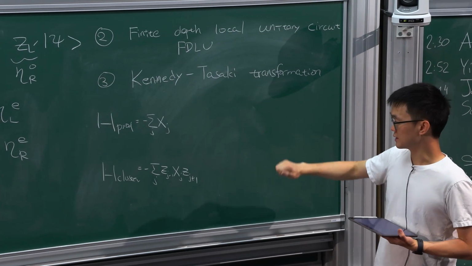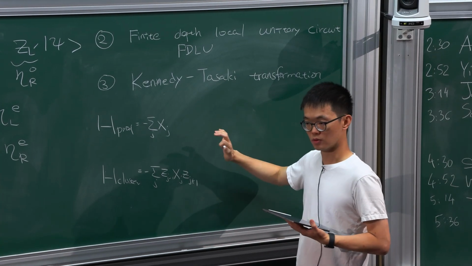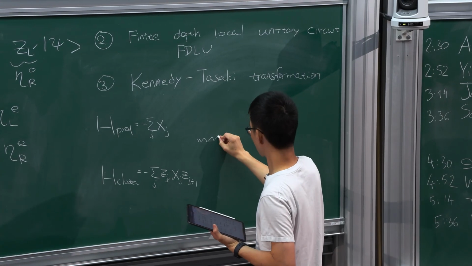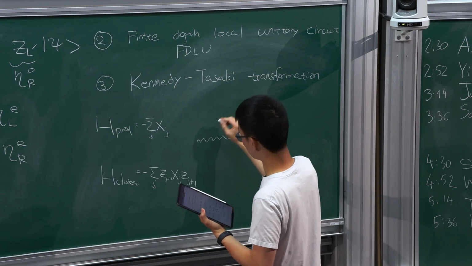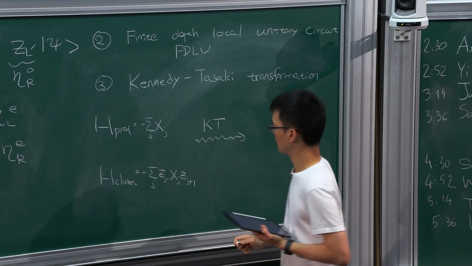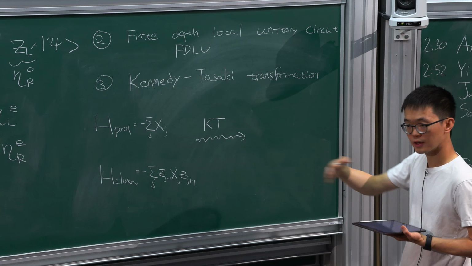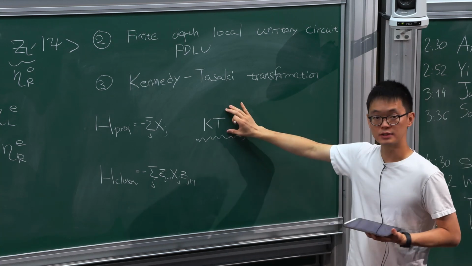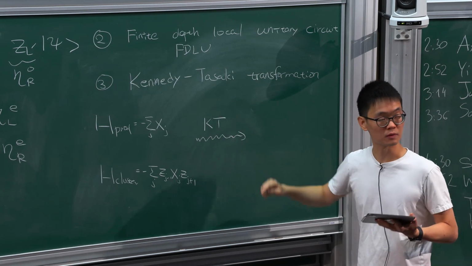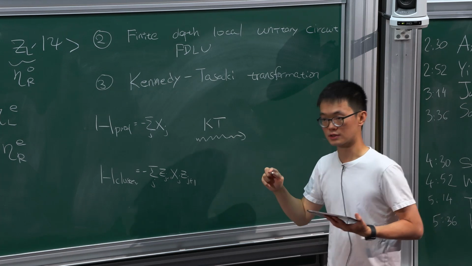The way they phrase it is that they perform a non-local transformation known as the Kennedy-Tasaki transformation. But in the thinking of this school, you can interpret the Kennedy-Tasaki transformation as gauging the Z2 cross Z2 symmetry.